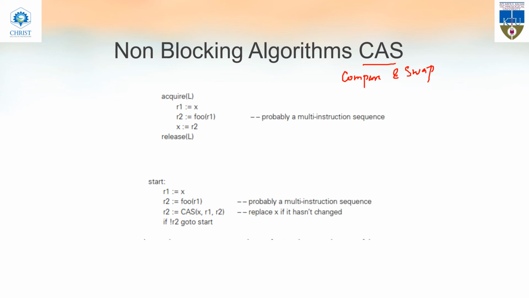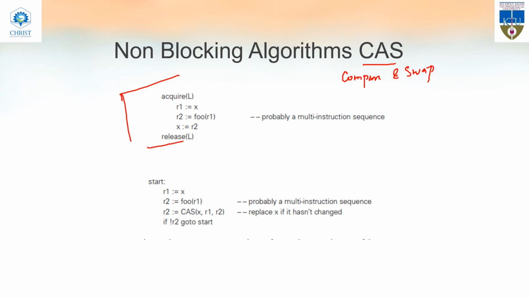Here, this is how a locking system actually works. If I need to acquire a lock, it will read one value, the value of x into r1.